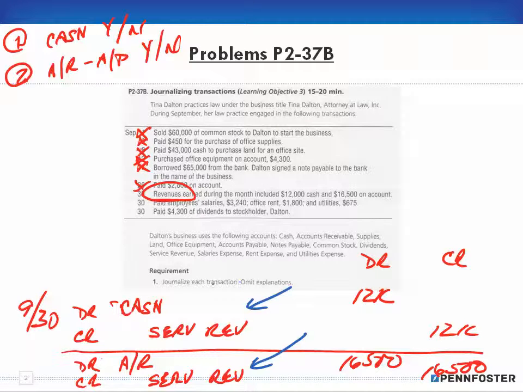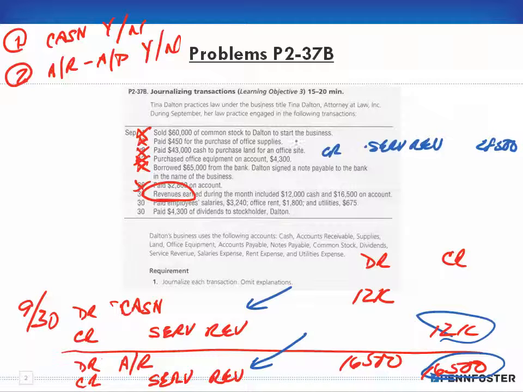So what I can do is combine those. Since they're both credits for 12,000 and 16,500, I can just combine those as a credit to service revenue for 28,500.